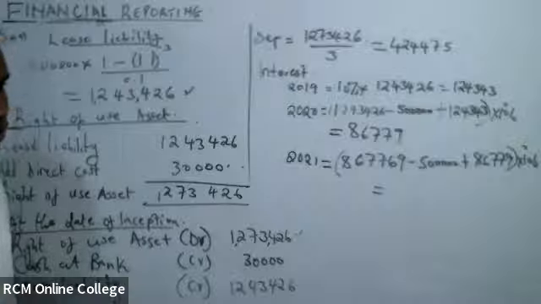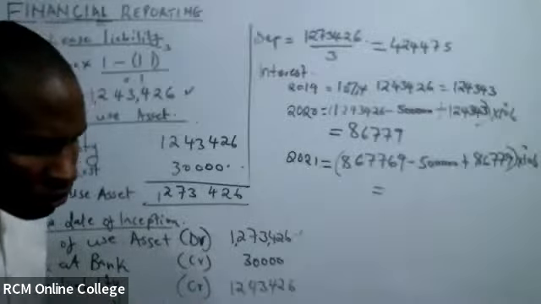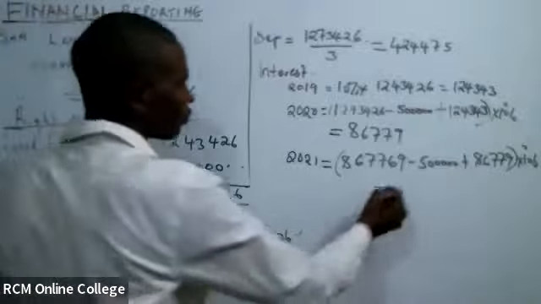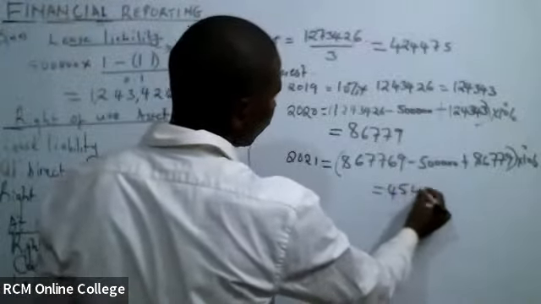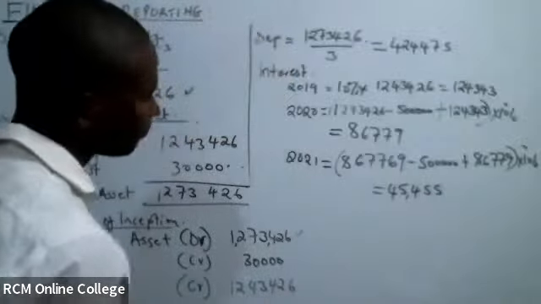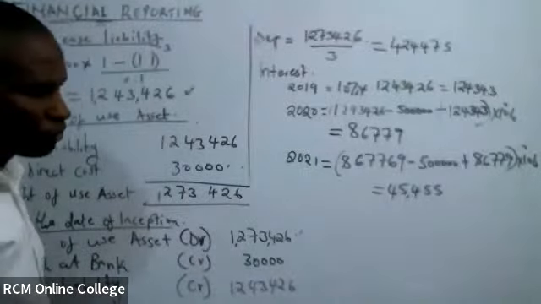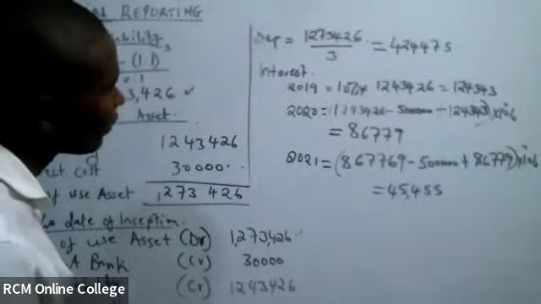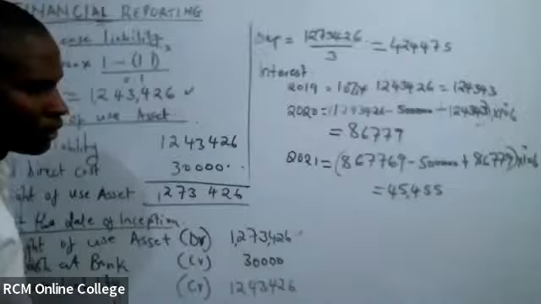How much do you get? 45,455. So we have the interest, we have the depreciation.